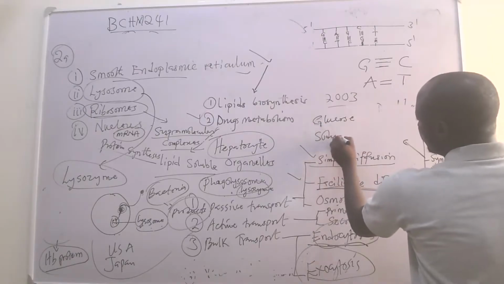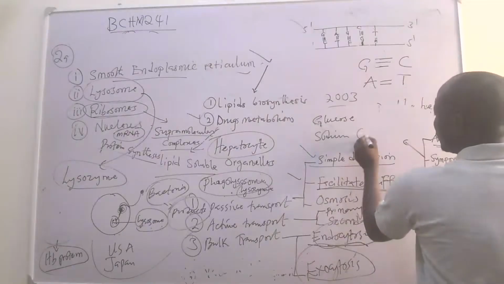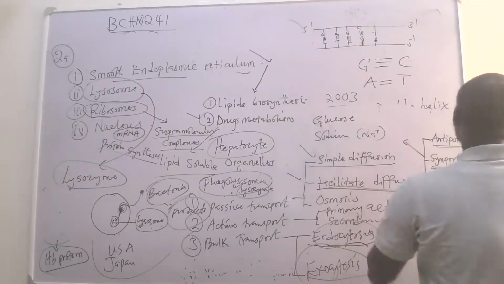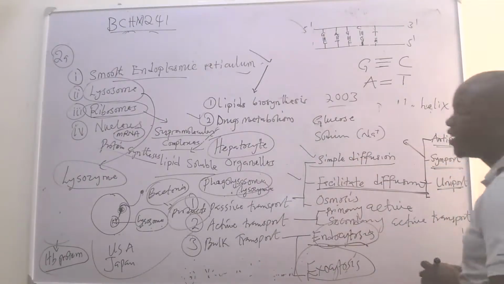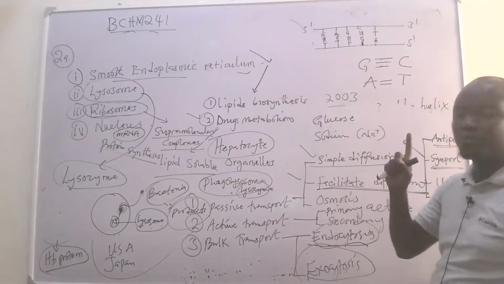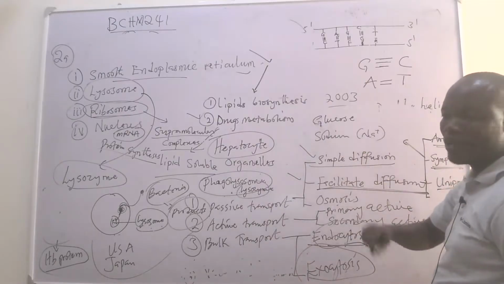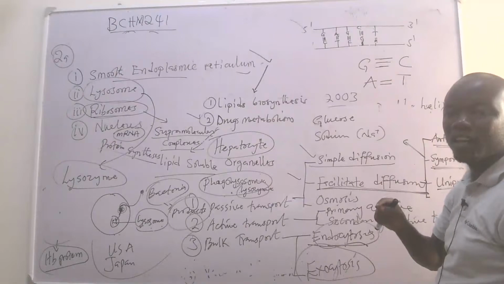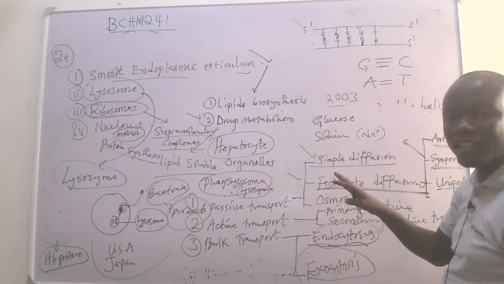Sodium ion cannot move into the cell alone. Glucose also cannot move into the cell alone. Rather, it needs.